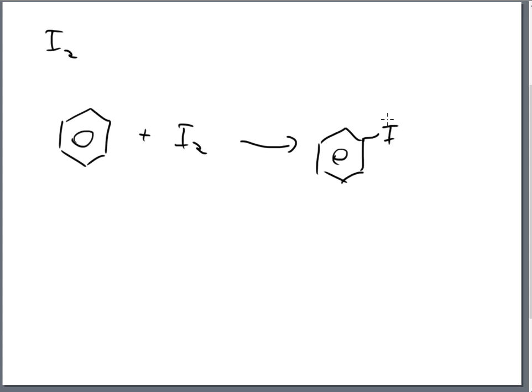But we need a different type of catalyst. And the different type of catalyst here is going to be a little bit of peroxide and a little bit of acid. So this conceptually kind of does the same thing. It persuades the diatomic iodine to get lopsided, and we get a partial positive and a partial negative, and the partial positive attacks the benzene, breaks the double bond, iodine goes on in the addition, forming an intermediate.